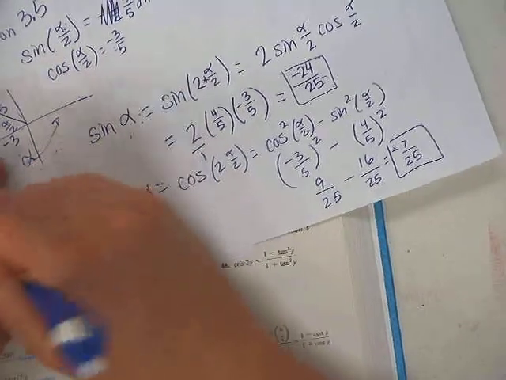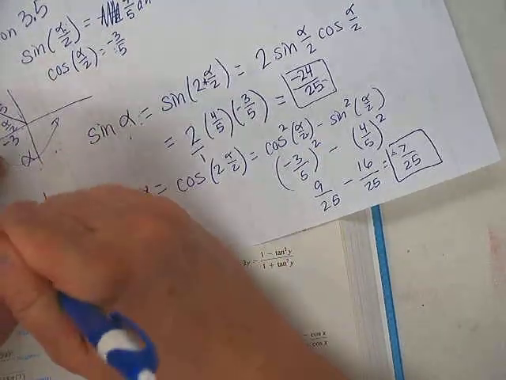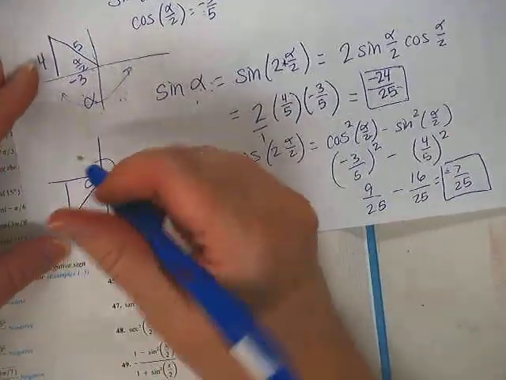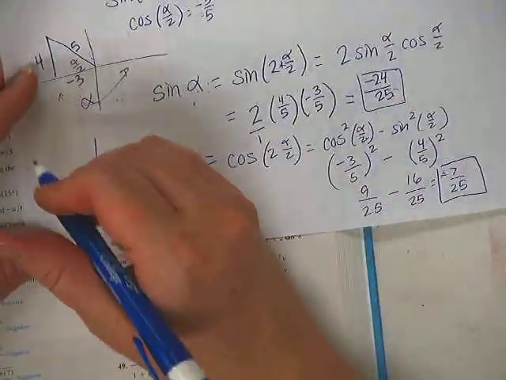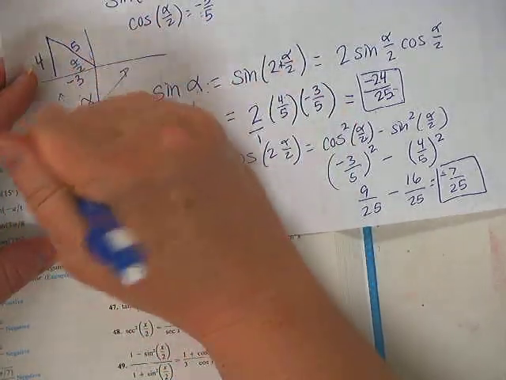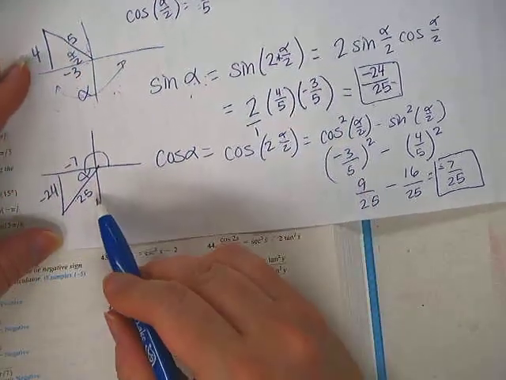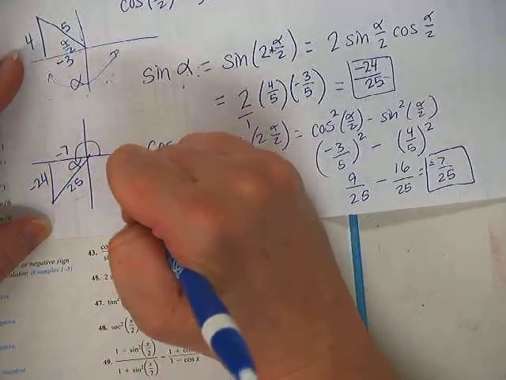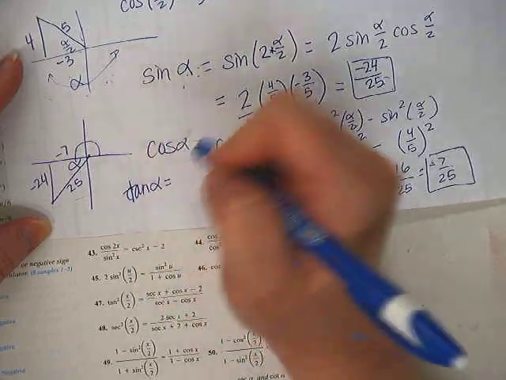Sine is negative and cosine is negative. What quadrant are both sine and cosine negative in? Both in quadrant 3. So that means that alpha is in quadrant 3. And we know that sine is -24/25 and cosine is -7/25.